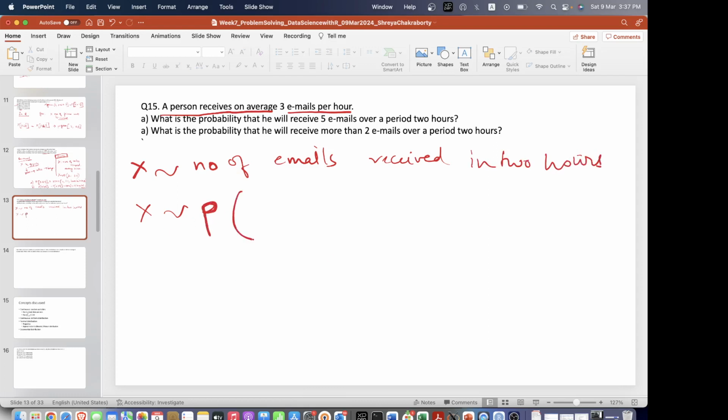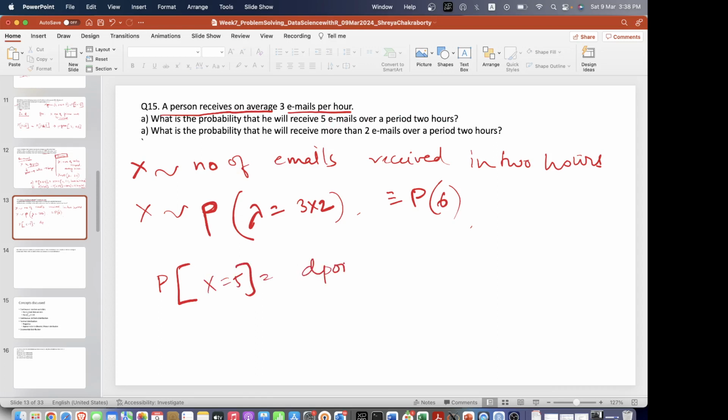Then X would follow a Poisson. The mean would be 3 emails per hour, so over a period of 2 hours it would be 3 times 2, 6 emails. So this would be Poisson 6. Then, what is the probability he will receive exactly 5 emails over a period of 2 hours, that is X equal to 5.